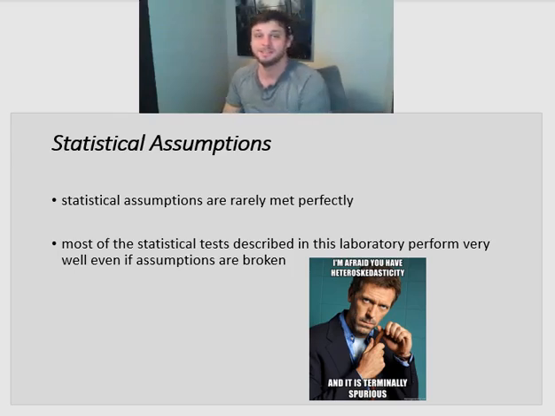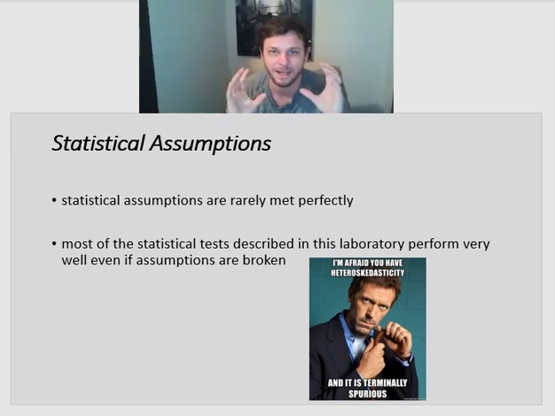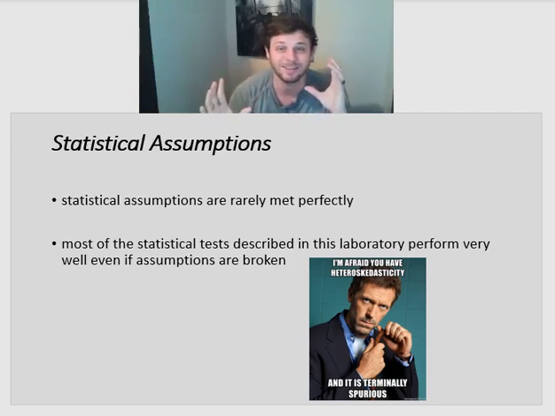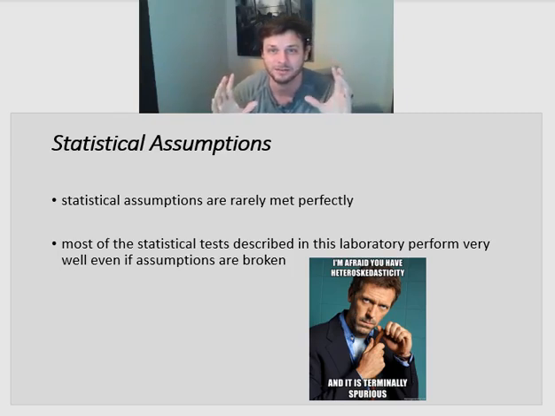When you do a bunch of stats, there's a whole bunch of assumptions that go with them, and rarely are you going to have your data match all the assumptions perfectly. And so a lot of times statisticians or scientists will transform their data to fit the assumptions for stats.